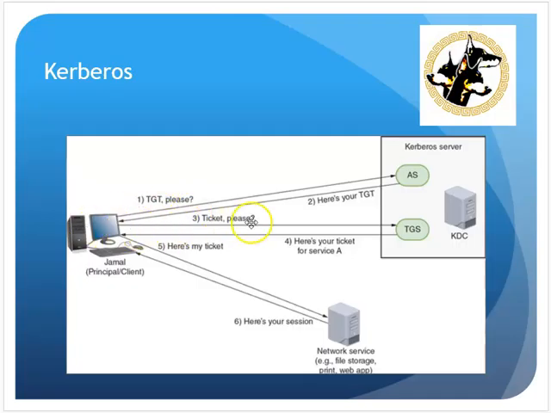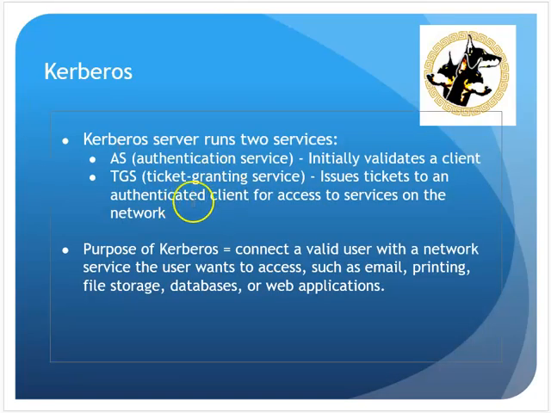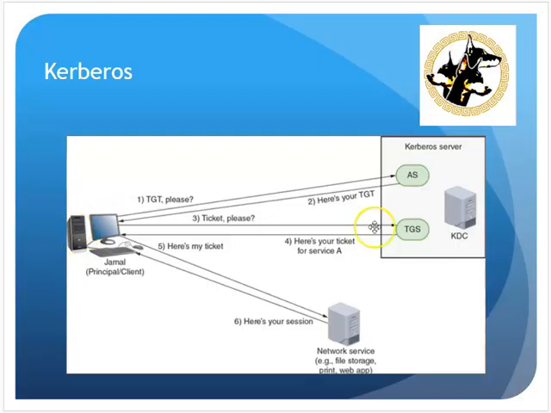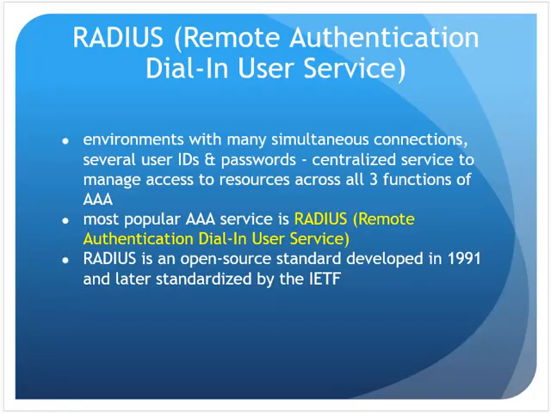Now with the ticket, I'm going to go to the ticket granting service, which issues tickets to an authenticated client. So now we're fully authenticated, and it's going to say you actually have access to this service or this storage, this utility, this application. So it's a double check.